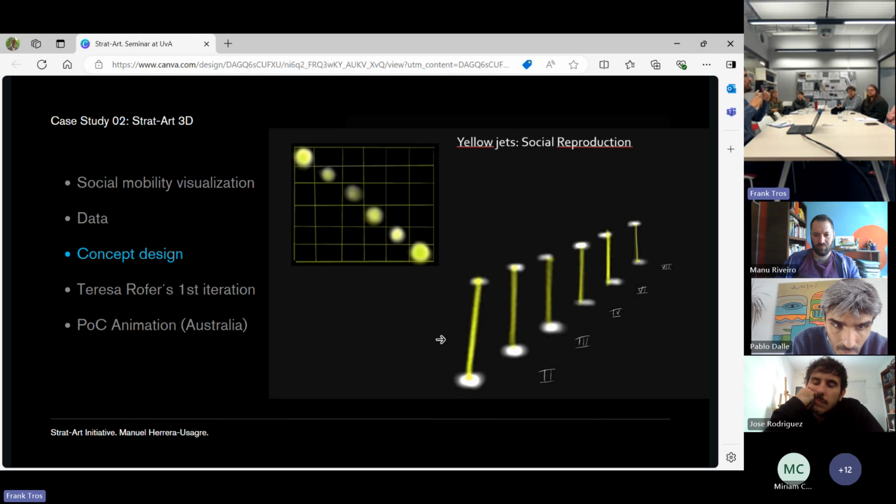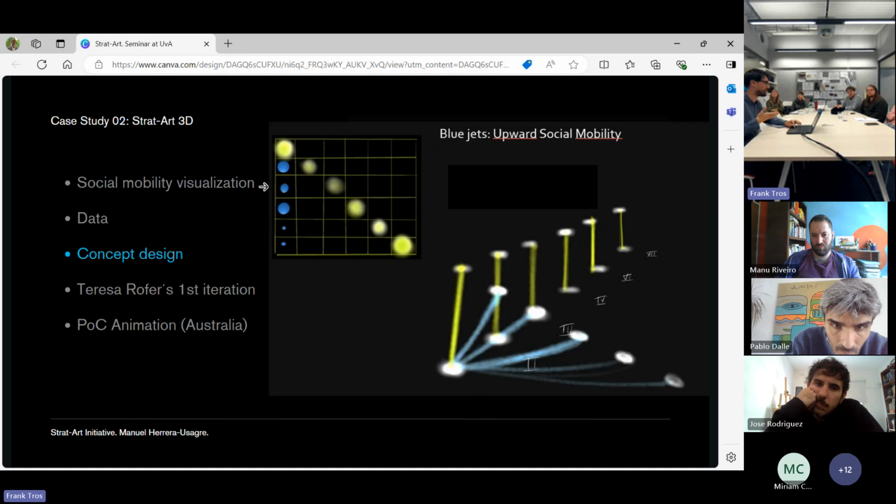What we created is a helicoidal 90 degrees axis that would represent the people coming from these lower social classes. So the last few of those blue jets are the ones from the lowest social classes, and we expect them to be less thick.